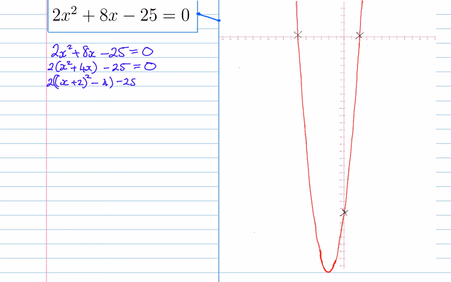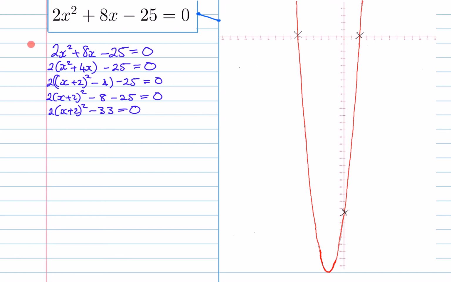And then we're going to be taking away our 25. Okay, so this is going to be 2 upon (x + 2) all squared - 8 - 25 is equal to 0. So 2 upon (x + 2) all squared - 8 - 25 is going to be -33.